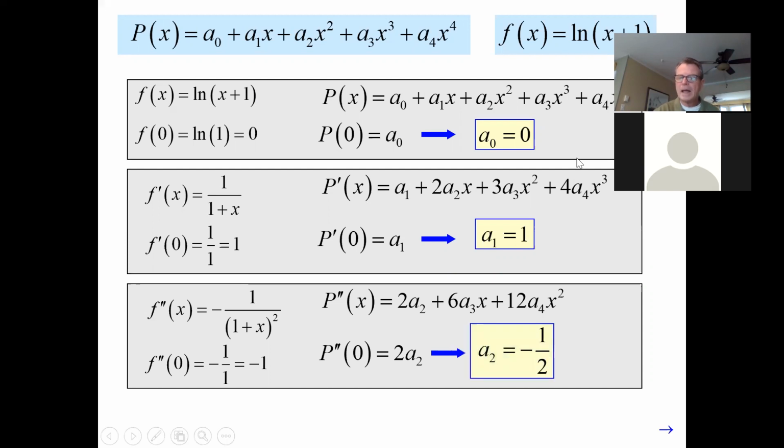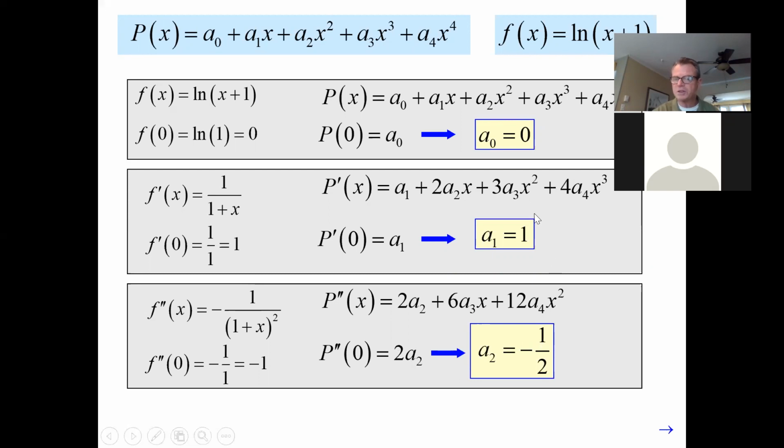Except what? Except you would have, when you differentiate this, 2a to the second, x to the first, and you differentiate again, you just have 2 times a to the second. So 2 times this coefficient equals negative 1. So this coefficient would be negative 1/2.